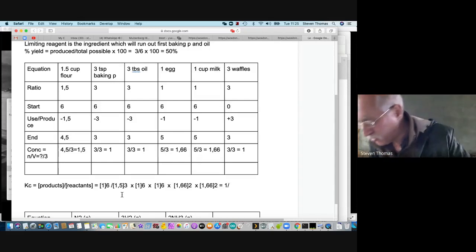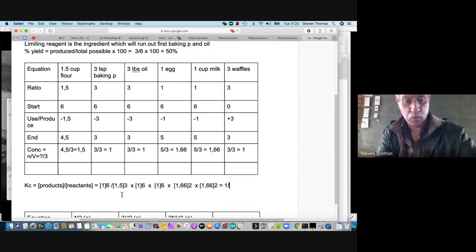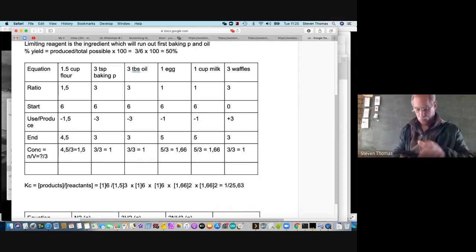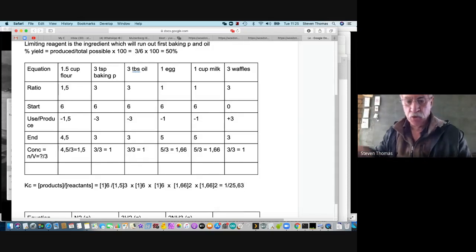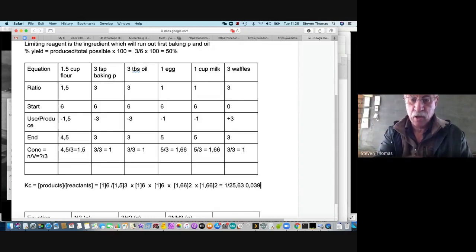Okay, so I get 1 divided by 25.63, which I get 0.03. Maybe my maths is a bit off. 0.039.